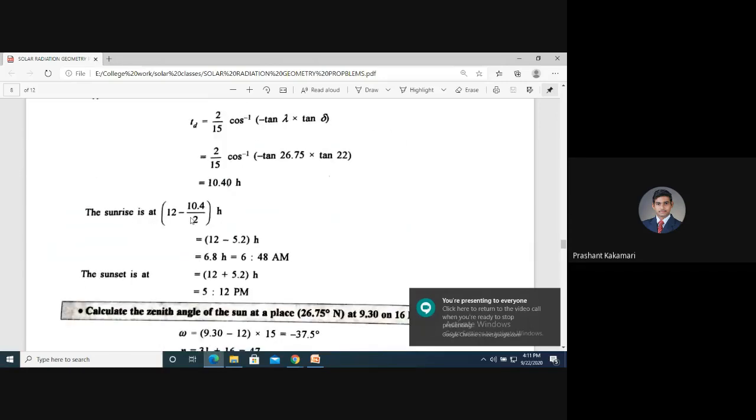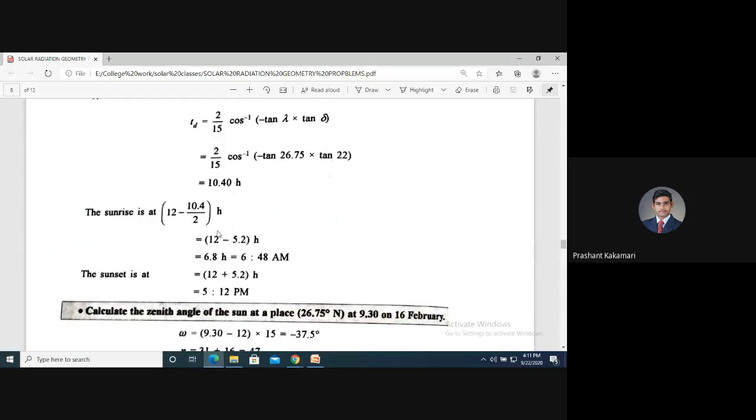Then you substitute as per the sunrise and sunset half of the times. That's why I'm asking you to calculate by the calculator and tell me the answers. You can unmute and tell me in between. So accordingly you can find the day length and sunrise and sunset times.